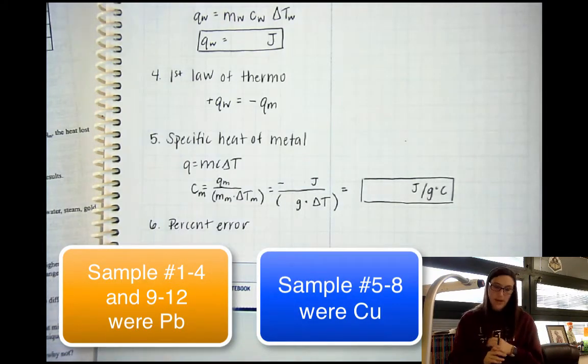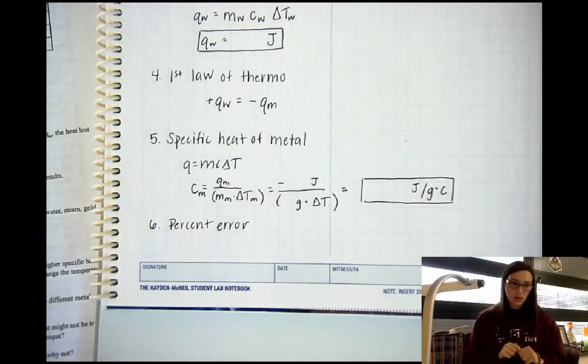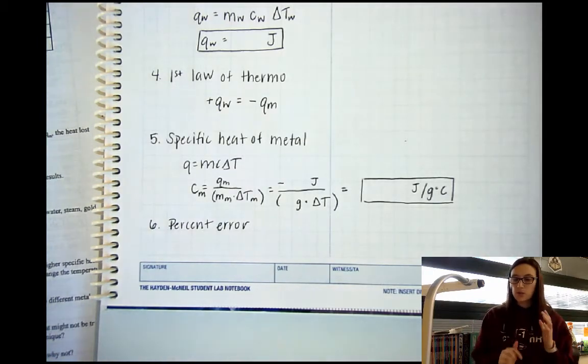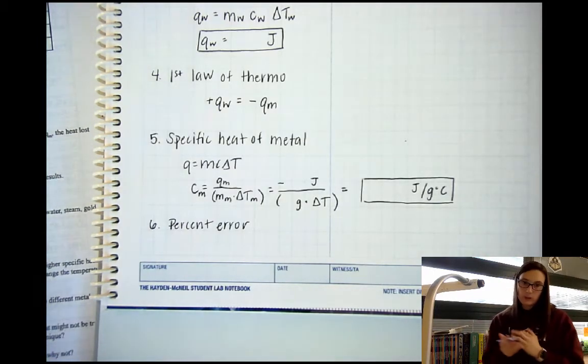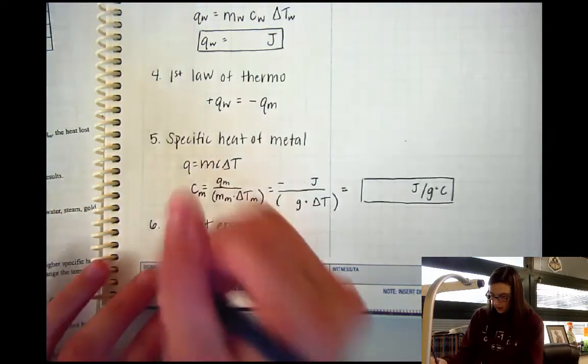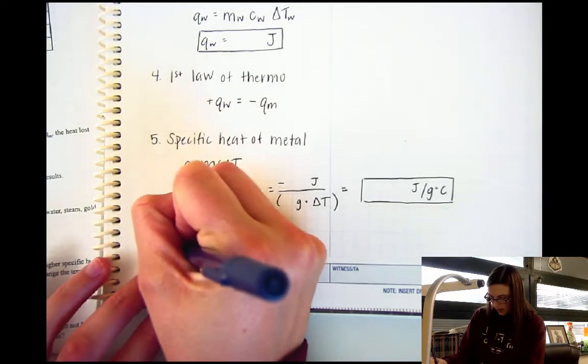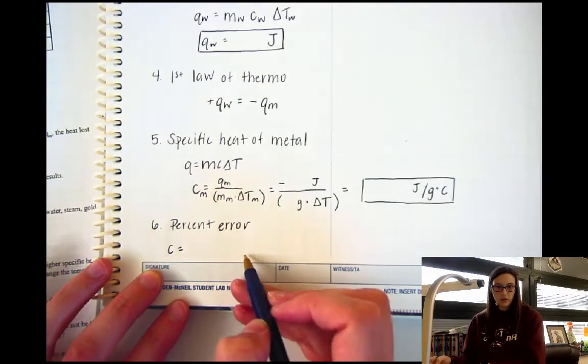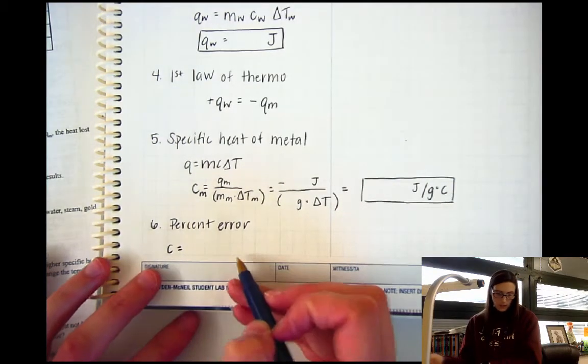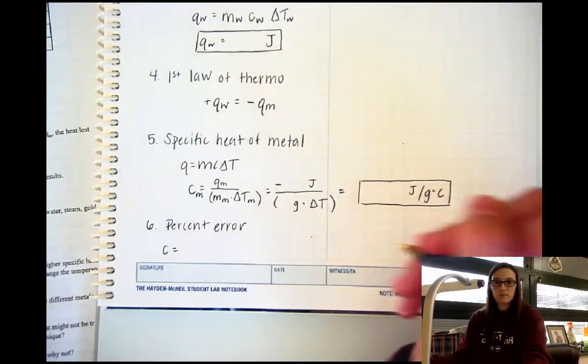Samples 5 through 8 were copper. So depending on if you had lead or copper, you can look up the specific heat of lead or the specific heat of copper, see what that value is. So you can go ahead and the first thing I want you to do is write what the specific heat is over here. Then we're going to calculate percent error.